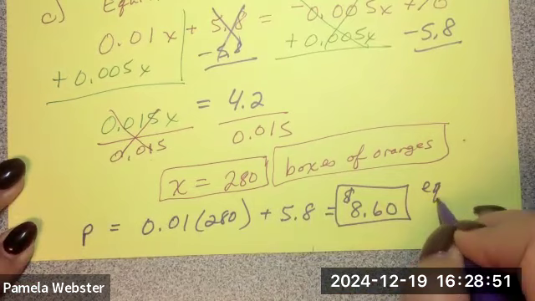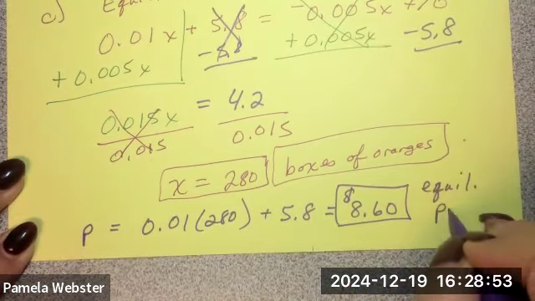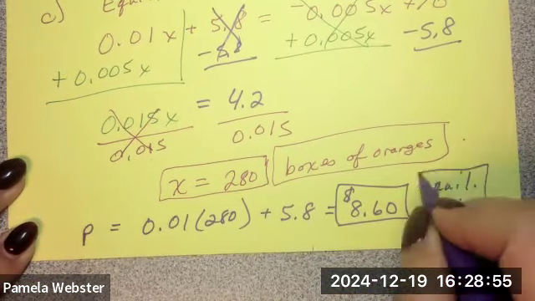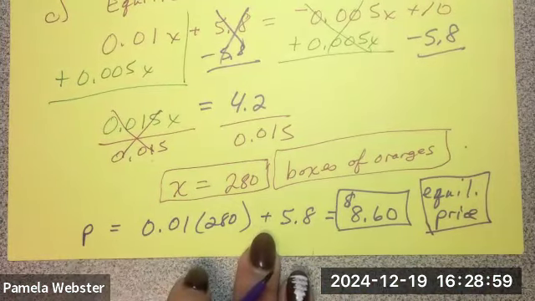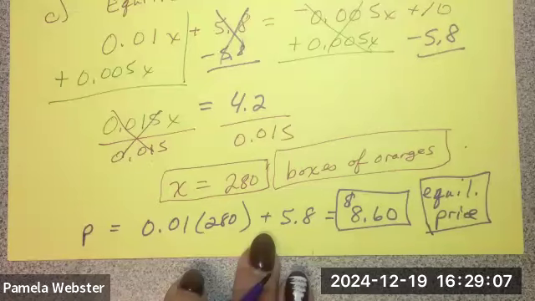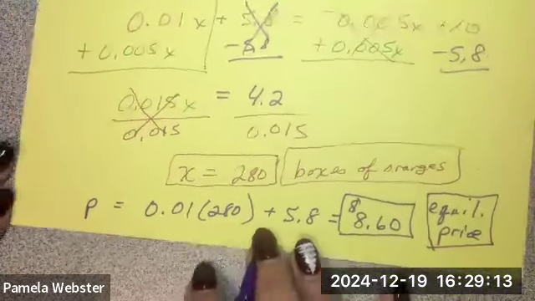That's the equilibrium price. I used the supply equation, but you can go back and use the demand equation and still get there. You better get the same price as I just got, because it's a different equation, but it's supposed to be equilibrium. It's supposed to be where they're the same.